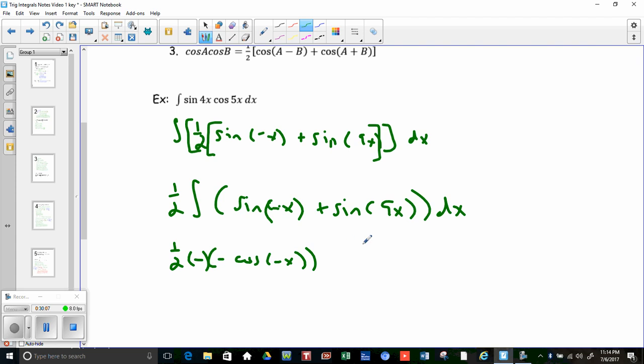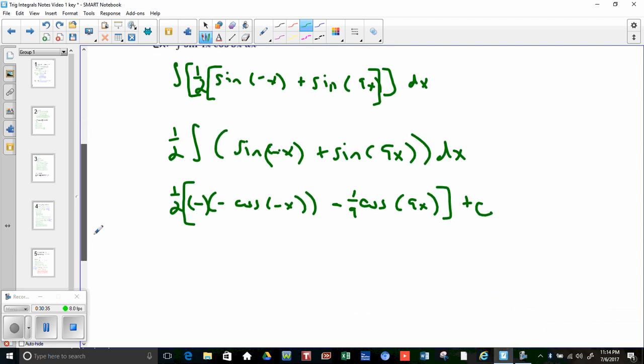So we just really have another negative out there. Okay, so now the antiderivative of sine of 9x, again, it's a minus cosine of 9x. And then the reciprocal of that is 1/9 plus c.